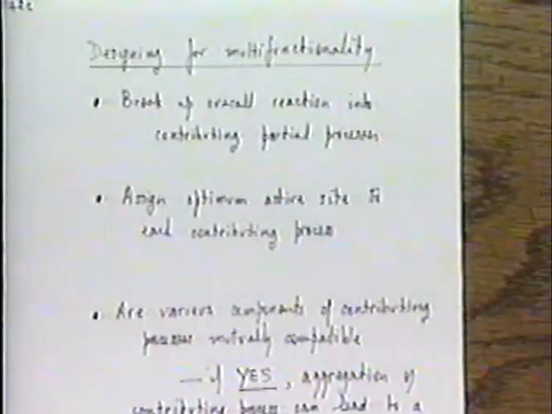But it's absolutely essential to have a look at these contributing processes and see whether the sites that you've assigned are likely to be, in any sense, not mutually compatible. Will they destroy each other in some way chemically, by chemical interaction?